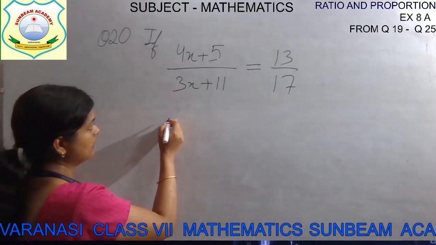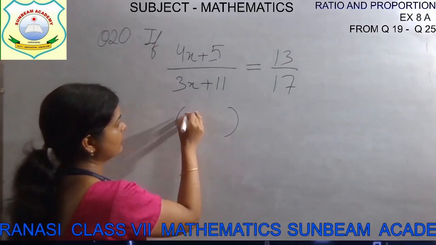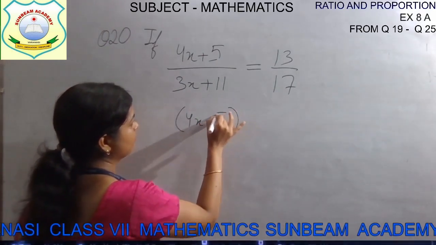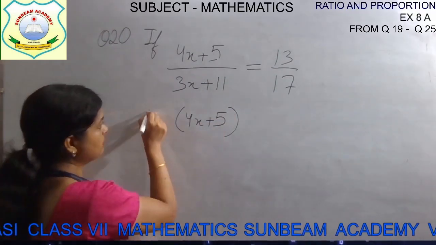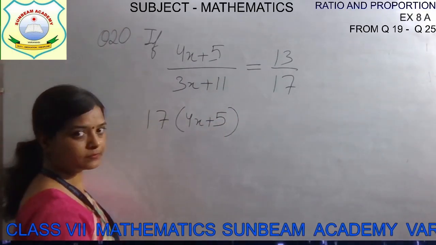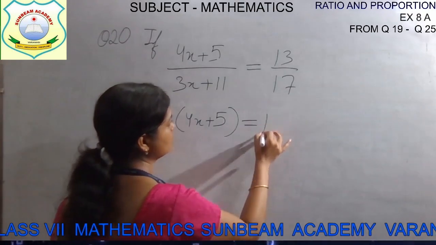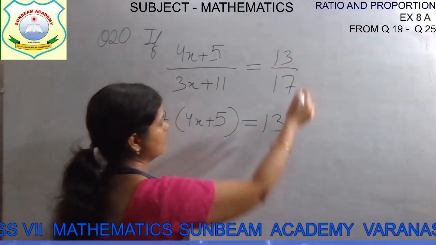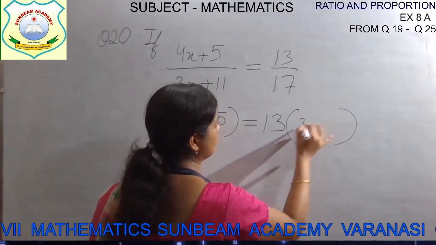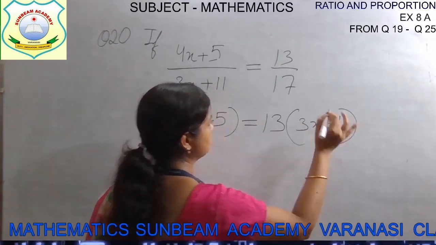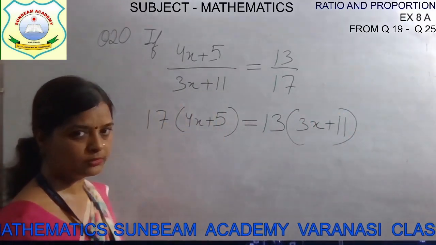So let's start writing. Keep 4x plus 5 in a bracket and multiply it with 17. That is equal to 13 times 3x plus 11. In this way we will do it.